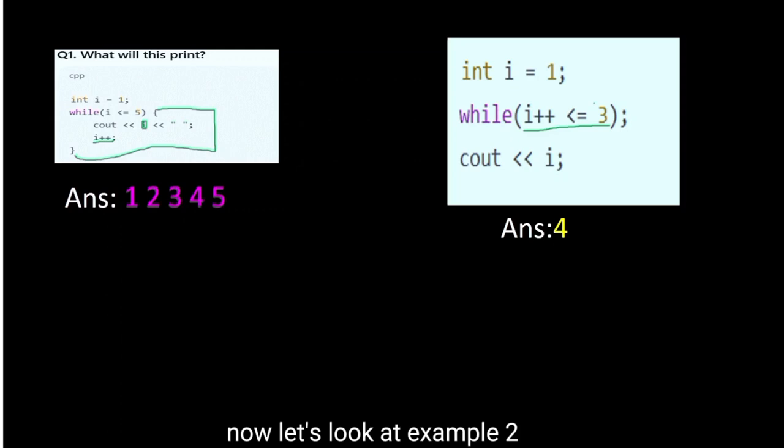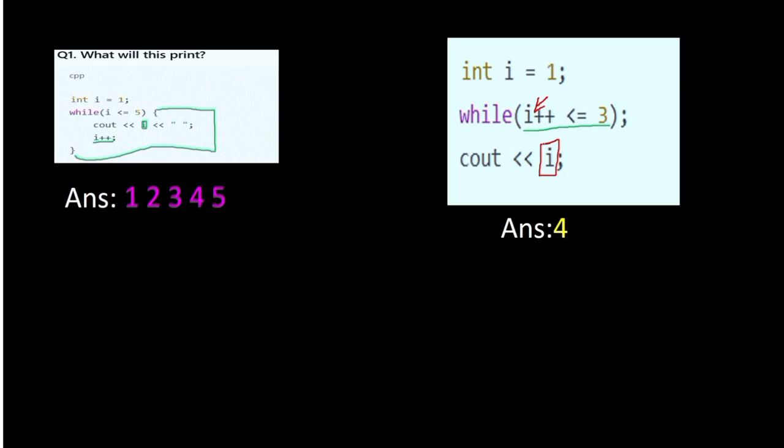Now let's look at example 2. In example 2, you find that here we did not have a loop or braces. So therefore, our increment was happening under what? Under a condition here. So you notice that I was increased inside a condition. Then this also, I was outside the condition.